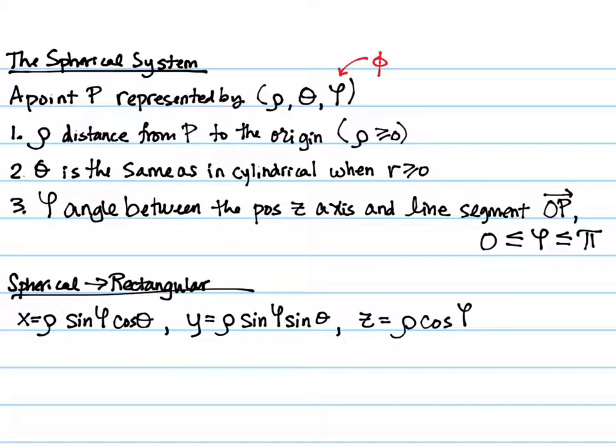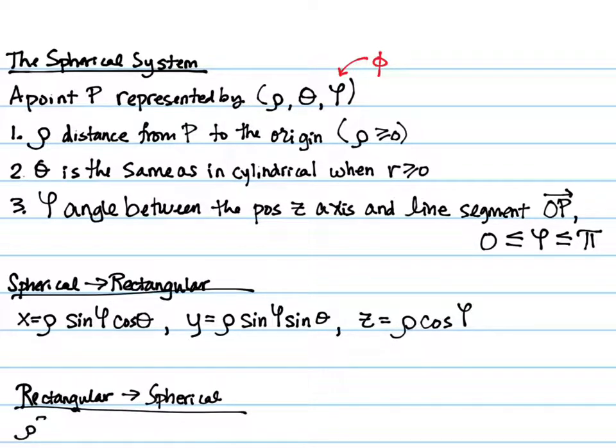Okay, let's write the other ones down. If we're going from rectangular into spherical, rho squared is x squared plus y squared plus z squared.